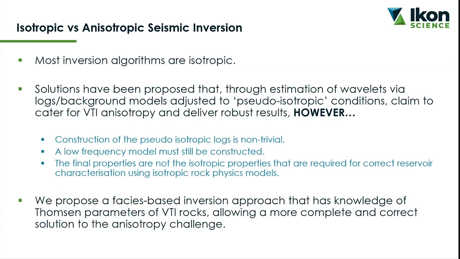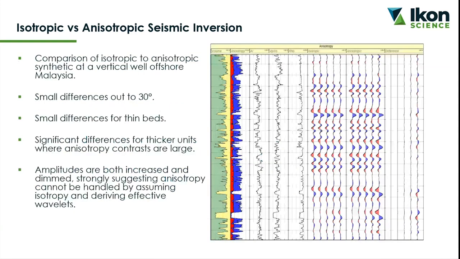A couple of example slides. So here's a comparison of a synthetic seismic gather created with and without anisotropy incorporated. And as we compare the gather on the left to the gather on the right, we can make some observations.